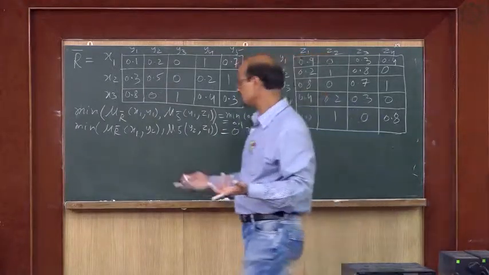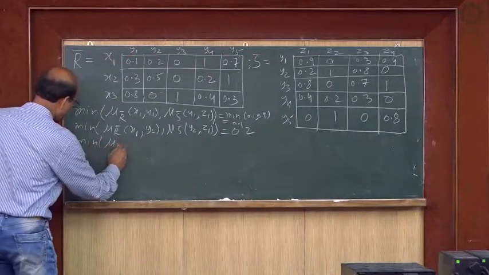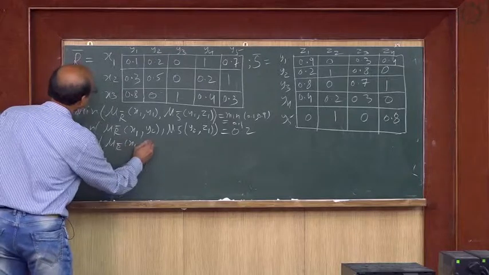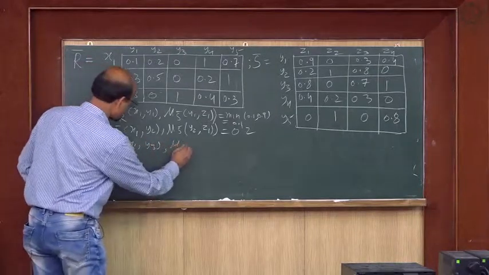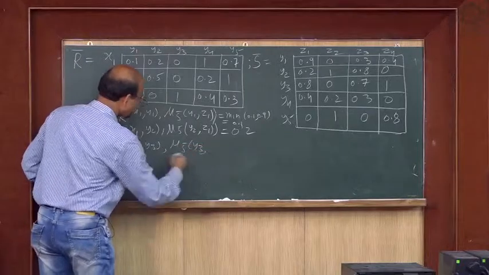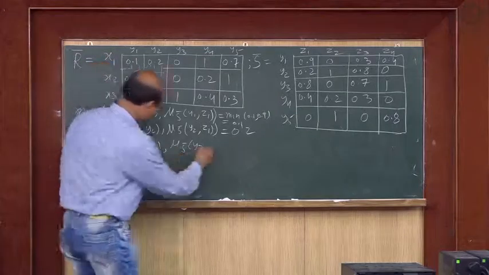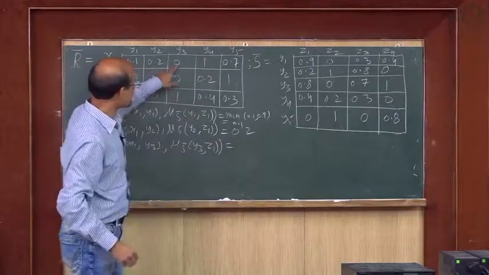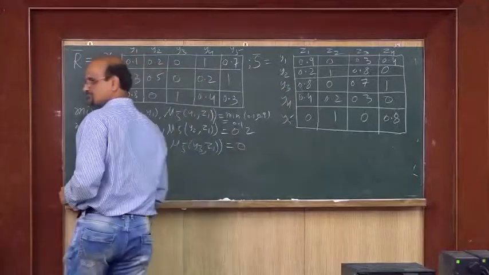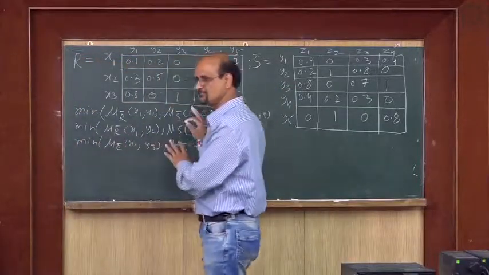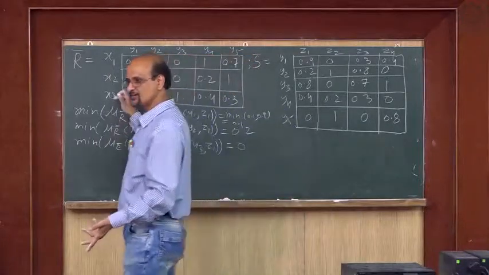Is it okay? So this way you can write all. Minimum of mu R bar x1 y3 and mu S bar y3 z1. So that means 0 and 0.8, so it is 0. Looks very simple, okay, but while calculating you may make mistakes. So that's why be careful.